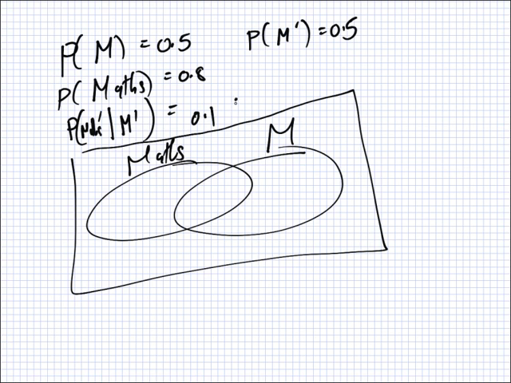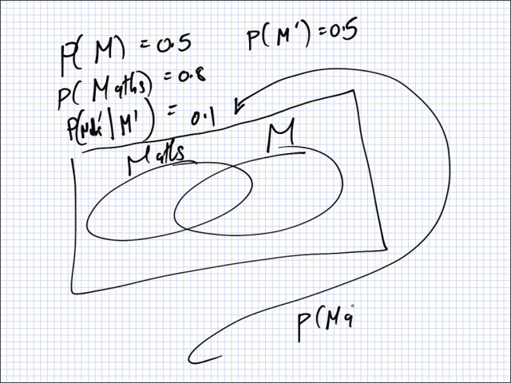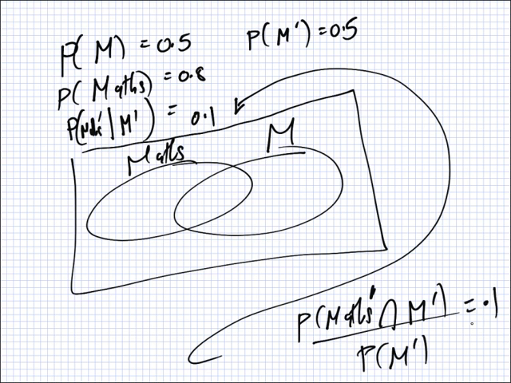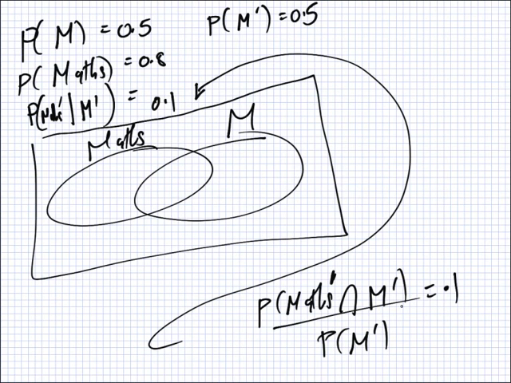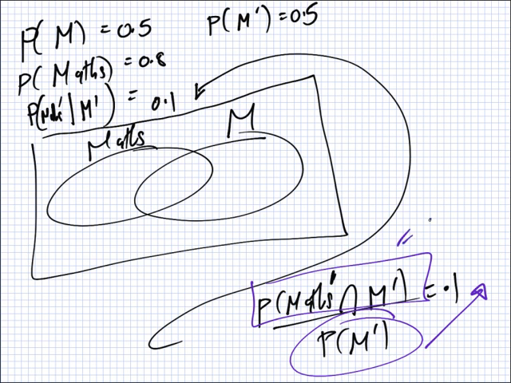Okay, so it might be useful to start with this one here. This is saying the probability of not maths and not male over the probability of not male, that's equal to 0.1. Now, which other number do we know here? Not male, what is it? So if I cross multiply, what do I get? 0.05. So this here is equal to 0.05.